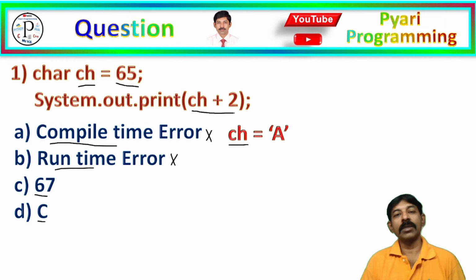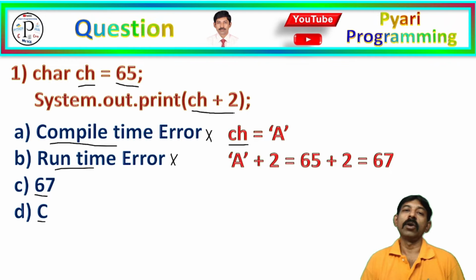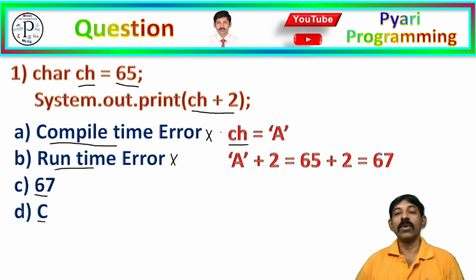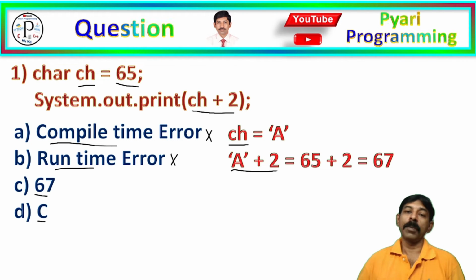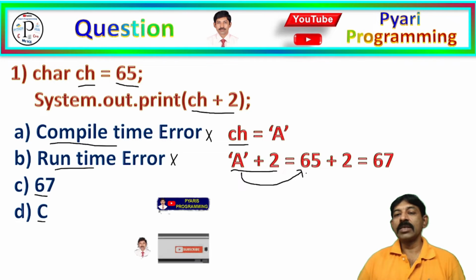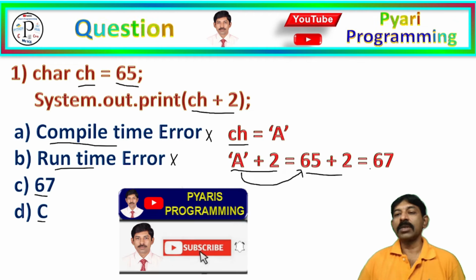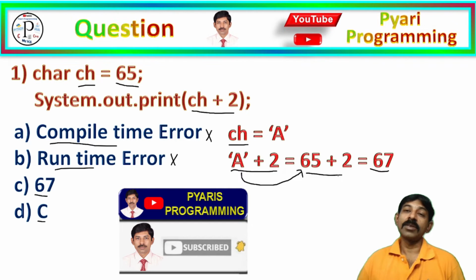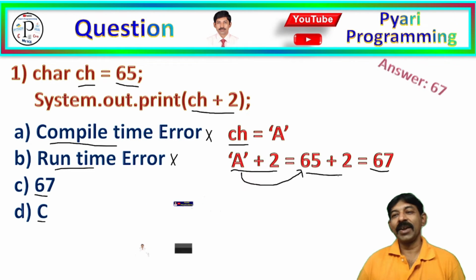Again, the old mechanism: the character will be converted to its integer ASCII value implicitly. So the expression becomes A plus 2. This is a mixed expression. That's why the alphabet A is converted to its ASCII value 65, and when 65 is added with 2, we get 67. So obviously my answer is 67.